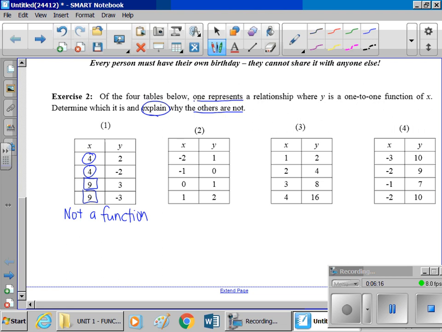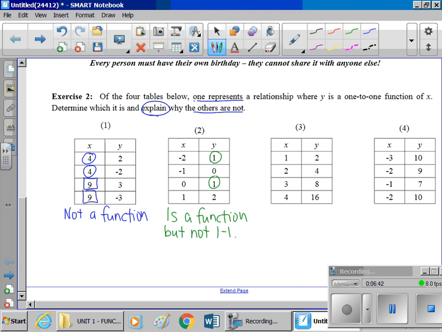The second one says -1, 2, 0, 1. This one's a function, but then I look at my y's and I see that I'm repeating here. So this one is a function, but not one-to-one.